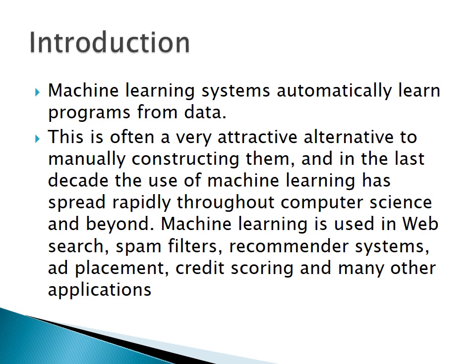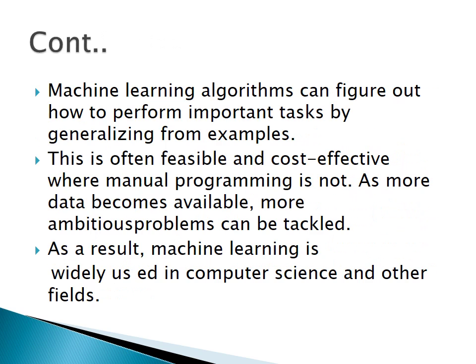Machine learning is used in web search, spam filters, recommender systems, ad placement, credit scoring, and many other applications. Machine learning algorithms can figure out how to perform important tasks by generalizing from examples. This is often feasible and cost-effective where manual programming is not. As more data becomes available, more ambitious problems can be tackled. As a result, machine learning is widely used in computer science and other fields.